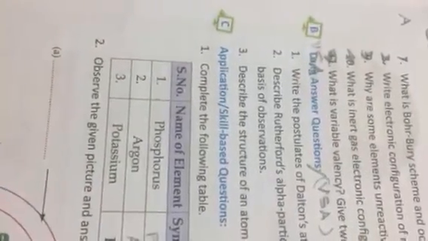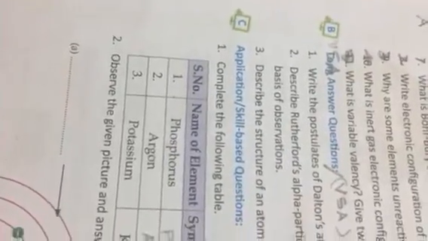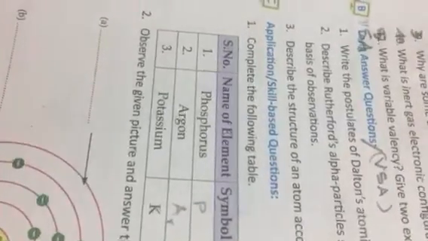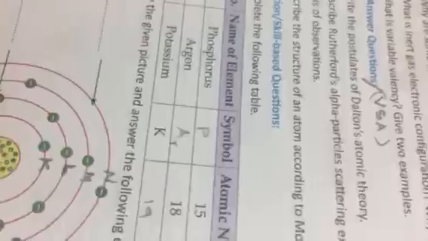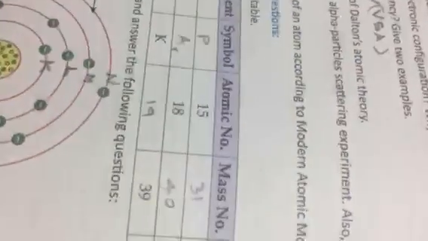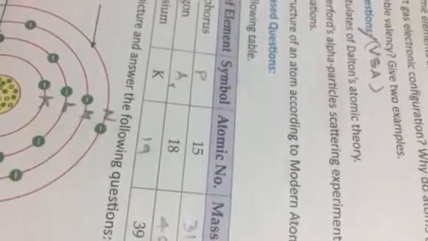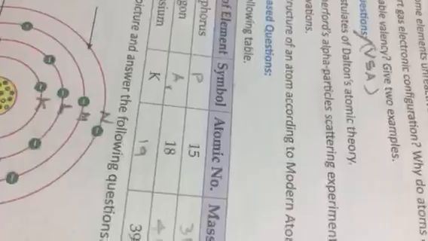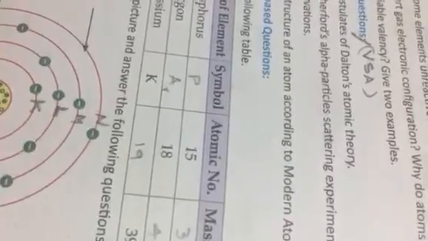But I have attempted for you question number C, that is the application and skill based question. Here 3 elements are there in the table. First one is phosphorus, argon and potassium. The symbol is given, then atomic number. Since phosphorus is the 15th element, that is represented in the periodic table as P15.